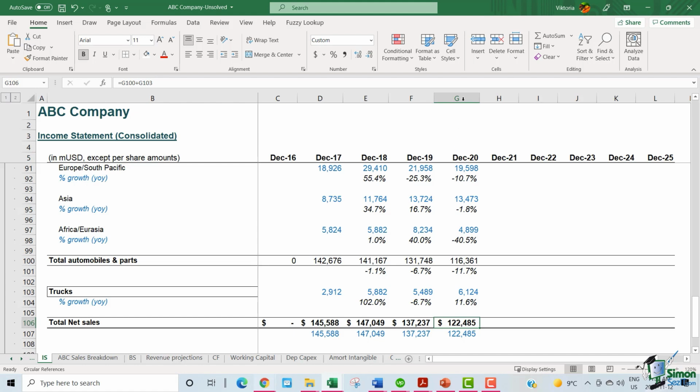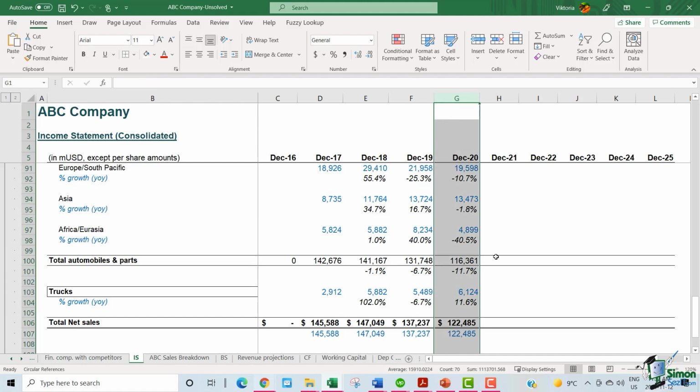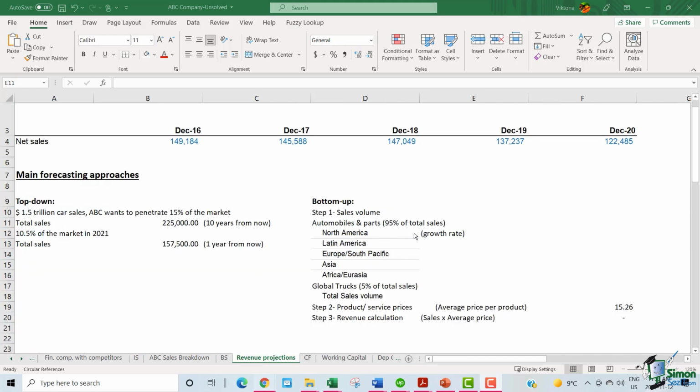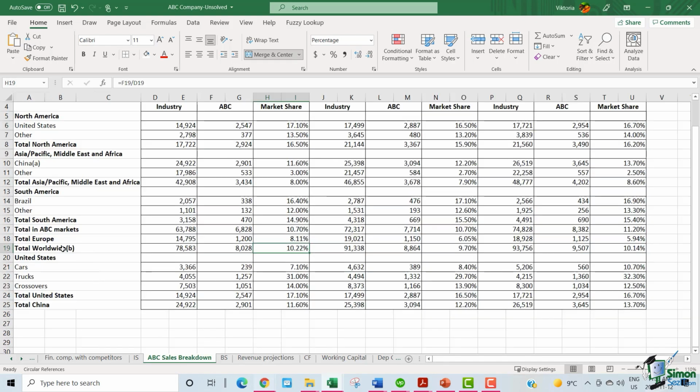Let's use the figures in 2020 as a basis to project the revenue for 2021. We also need to take a look at the total sales volume to be able to forecast the sales volume for the next year. So if we go in the sales breakdown tab, the total sales volume as of December 2020 was 8,028 units.